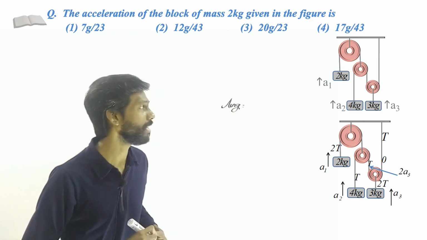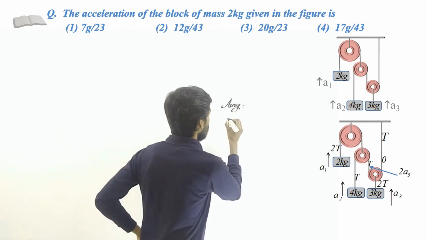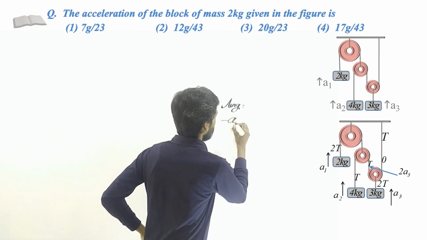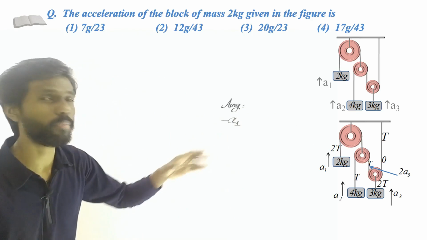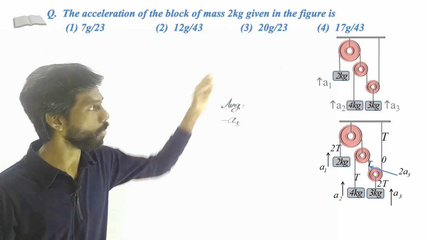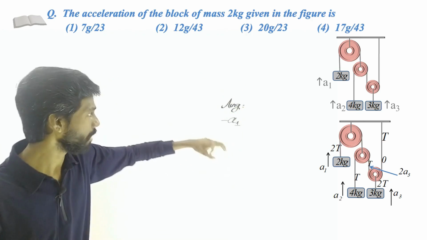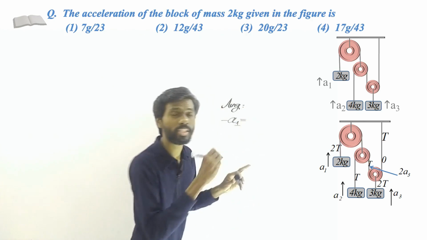for that pulley in the middle, it has acceleration minus a1. I'm taking minus a1 because that is moving in the downward direction. The other objects are moving in the upward direction because the block is moving upward, so the pulley connected to that is going downwards, right? That means minus a1 equals the average. What is the average?